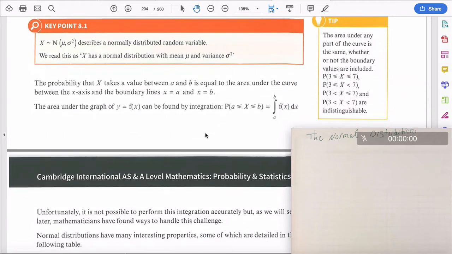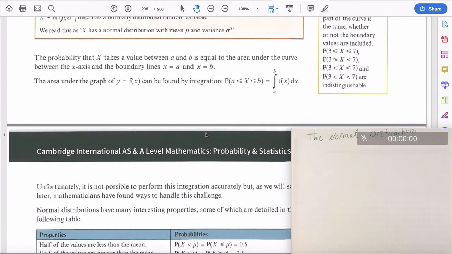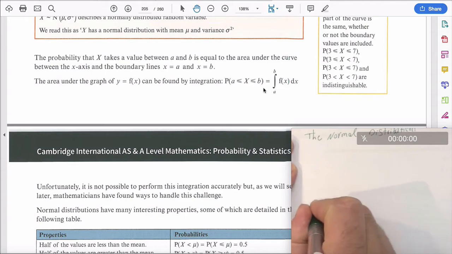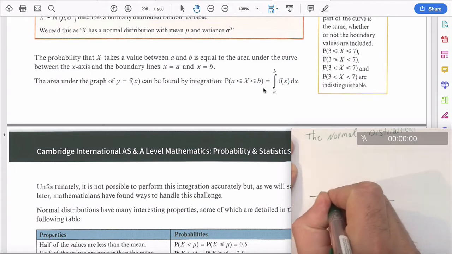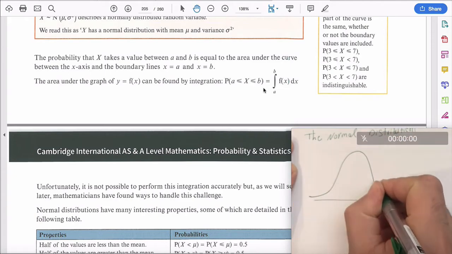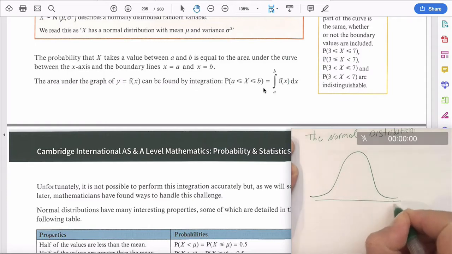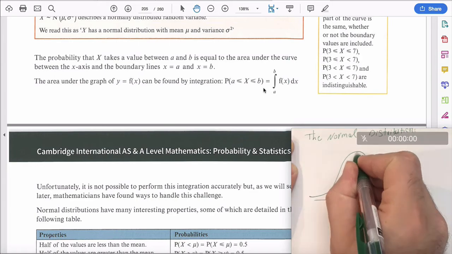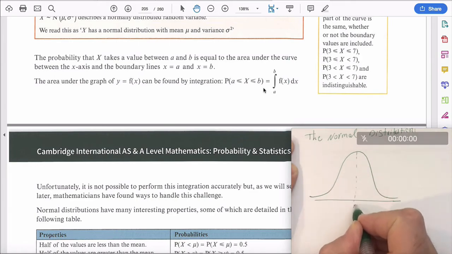Now, there is another important point that you need to know when you want to find the probability that x lies between a and b. In the previous session, we learned that when x has normal distribution, the graph will always be bell-shaped like this. Here mu is exactly the midpoint.